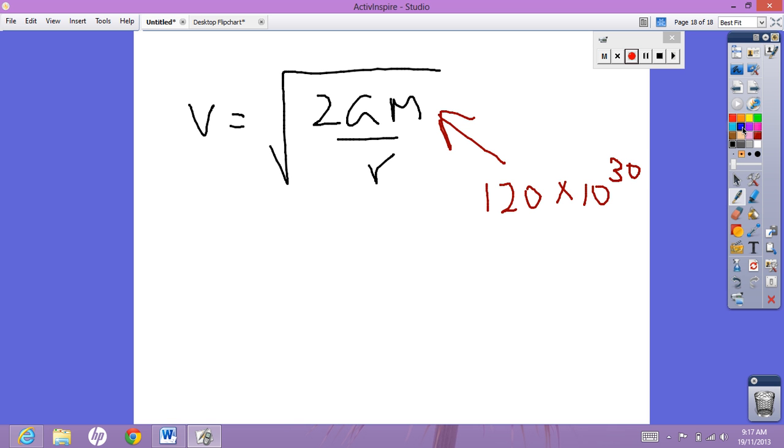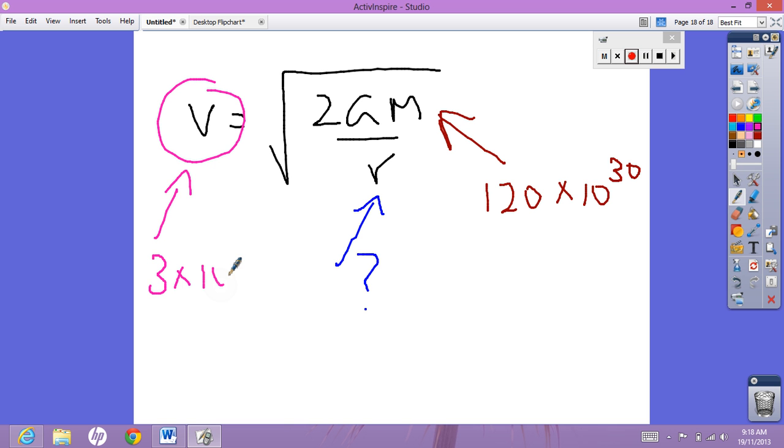R is what we're asked to calculate, and V is the speed of light, which is 3 by 10 to the 8th meters per second. I'm going to allow you to put those values in yourself, but you should get a formula which looks like this before you solve.